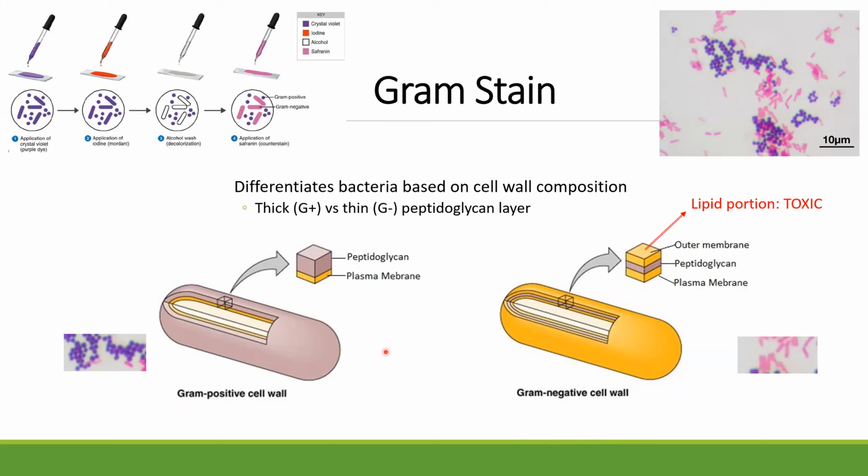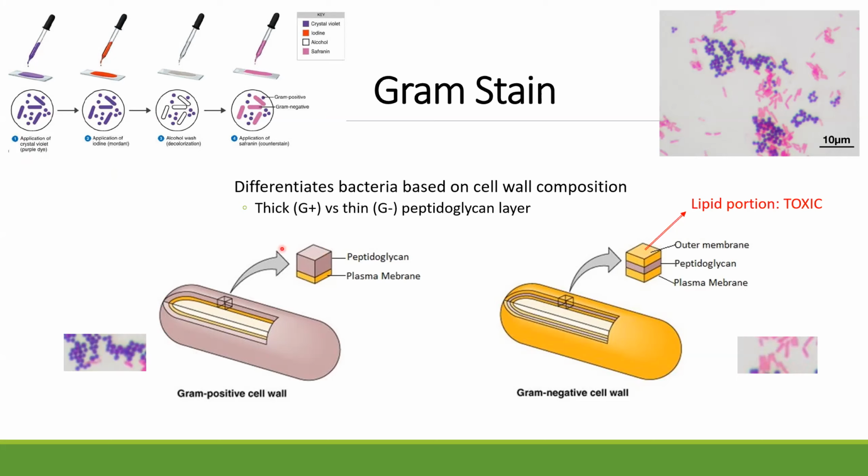So why does one become purple and why does one become pink? It has to do with this peptidoglycan layer. So bacteria that is considered gram positive has their plasma membrane and then a huge chunk of this peptidoglycan layer. The reagent we use for gram staining is called crystal violet.